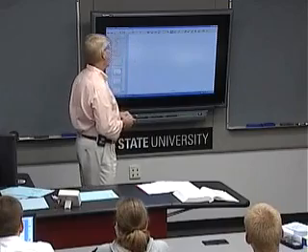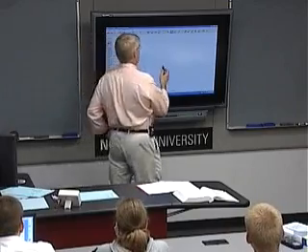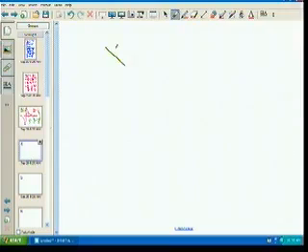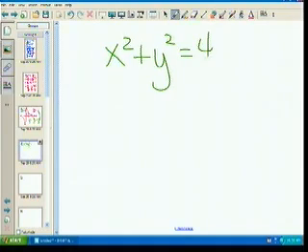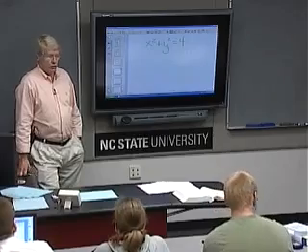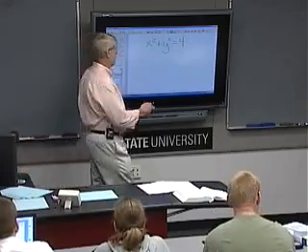All right, let's go to one that is not that much tougher. But all of a sudden, this thing is not a function. Still a pretty simple equation, but not a function. What is it? Circle. Circle, center 0, 0, and radius of 2. Okay, circles are not functions, right?